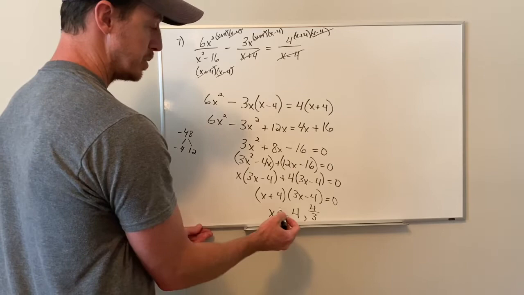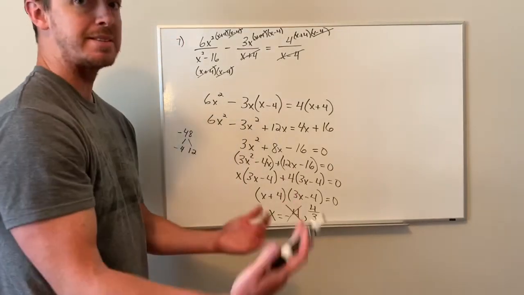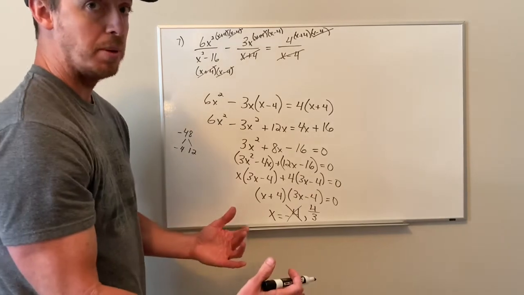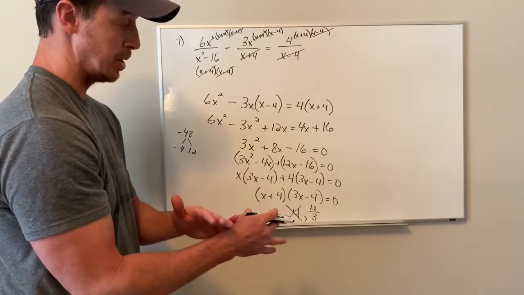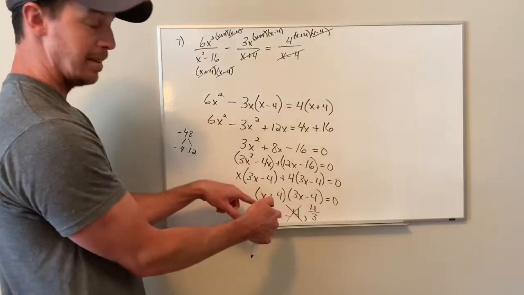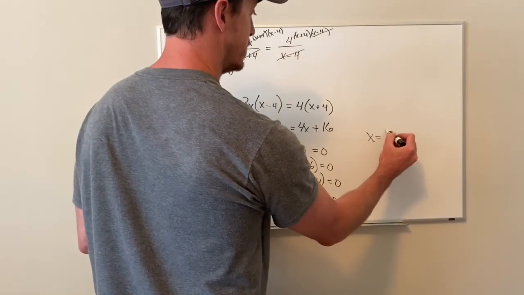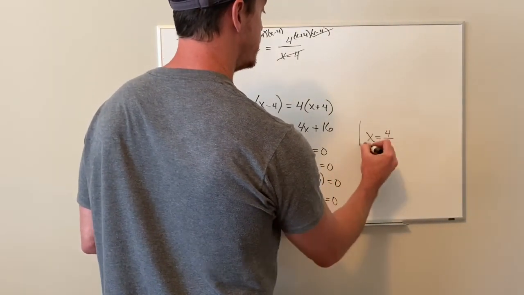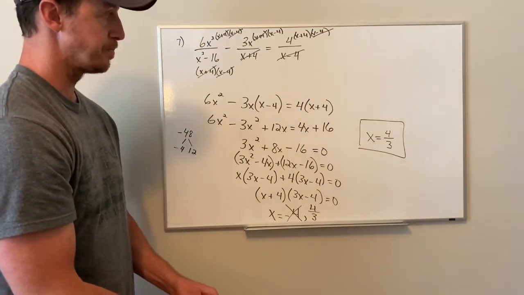So x equals negative 4 is an extraneous solution, which means it's not a solution. I don't care if you remember the word extraneous or can spell it, but you need to indicate in some way on your work that negative 4 is not an answer. And so my answer to this equation is just x equals 4/3.